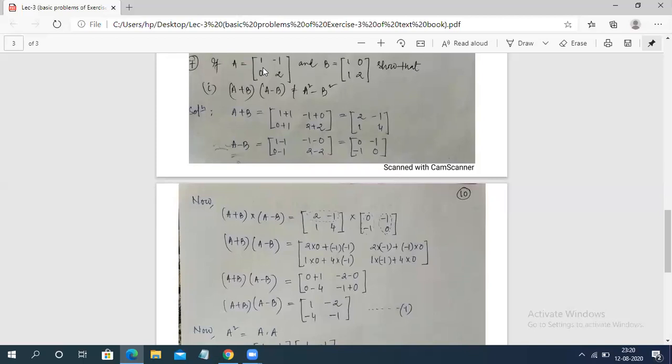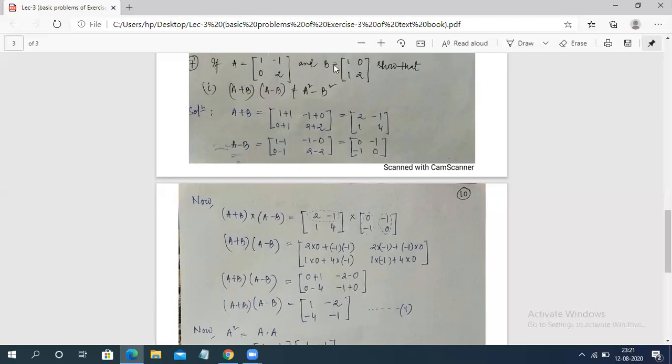In a similar way we can find the value of A minus B by the property of matrix subtraction. The corresponding elements will get subtracted, that is 1 minus 1, then 0 minus of minus 1, the second element is minus 1 minus 0, 0 minus 1, 2 minus 2.